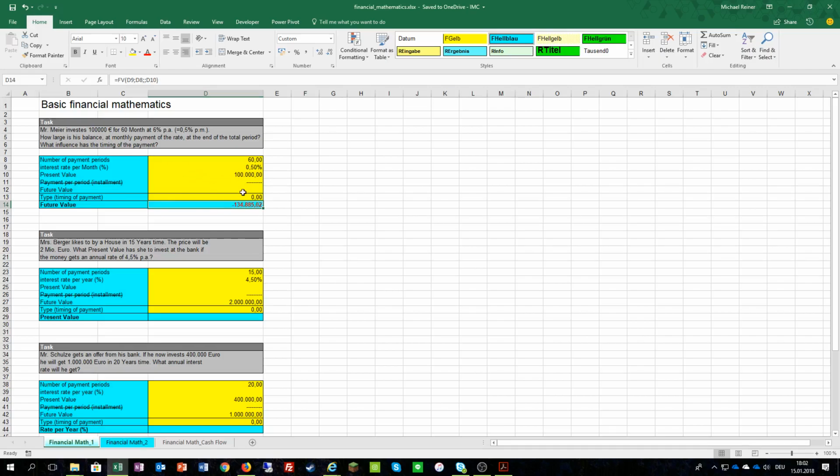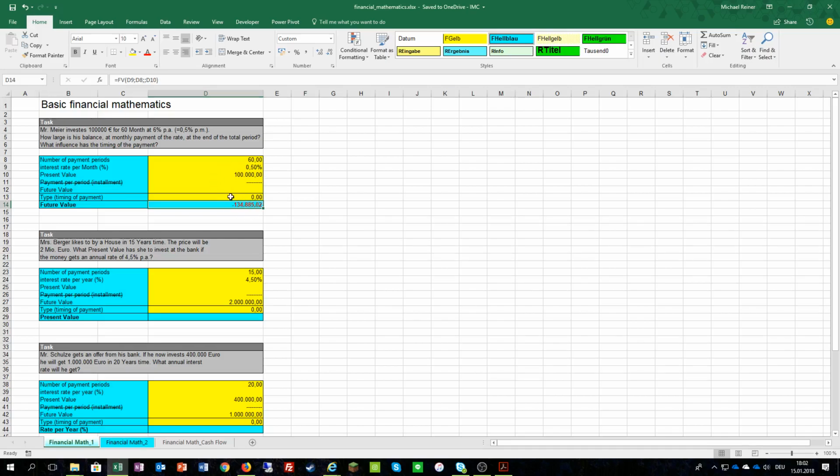That seems strange if somebody offers you something like this, but with financial mathematics, it's not the absolute amount, it's streams. Changing from plus to minus means this is something I have to pay, this is something I'm getting. So you have to decide for yourself how you want to deal with that. Without the payment per period, it's no big deal, because you simply have to be aware that those two need to differ by plus or minus.